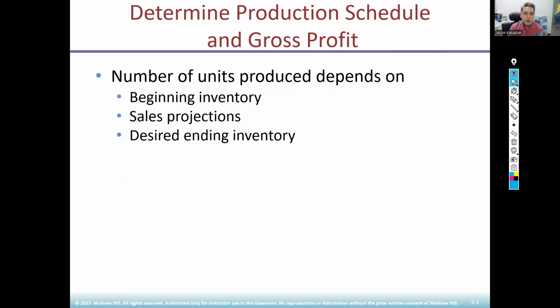Now, in determining the production schedule and the gross profit, so basically sales minus cost of sales equals gross profit, we need to understand the beginning inventory, the projection from the page before, and the desired ending inventory.